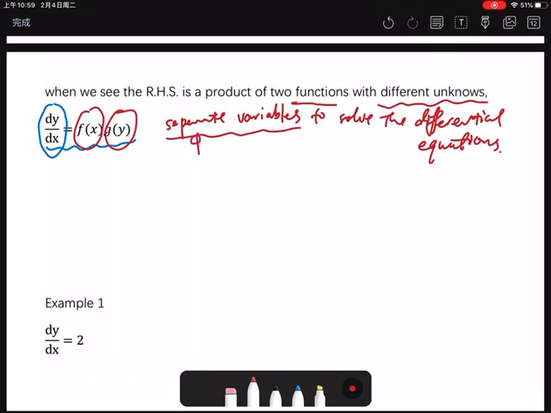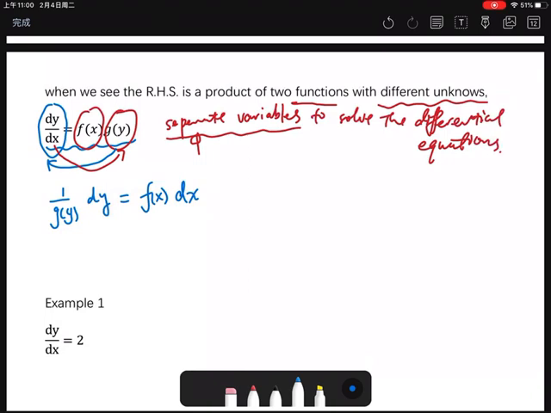So how to separate the variables? So of course it is very obvious. So we will separate unknown x and unknown y on both sides. So the way is like this. So we will divide gy to the left hand side, and we multiply dx to the right hand side, and sorry, I make a mistake, 1 over gy times dy equals f of x times dx.